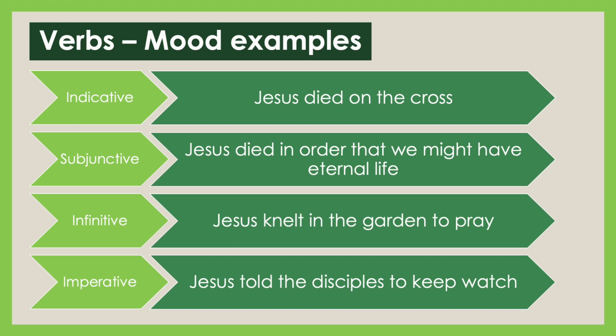Infinitive, Jesus knelt in the garden to pray. As I said, the word to often before the basic form of the verb without inflection. An imperative, in the Garden of Gethsemane again, Jesus told the disciples, keep watch. He's telling them, he's instructing them to do something, so it's imperative.